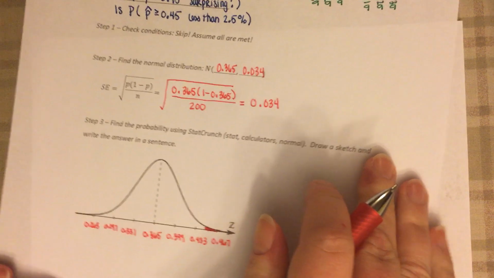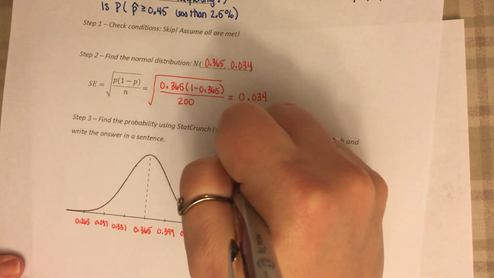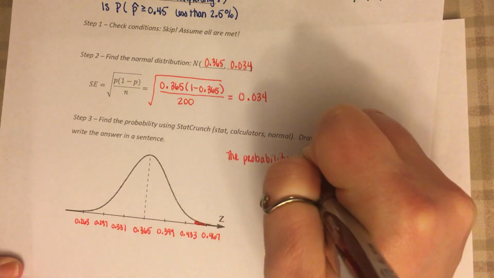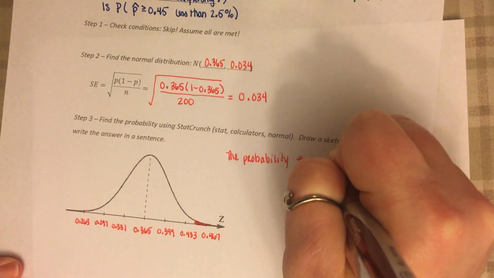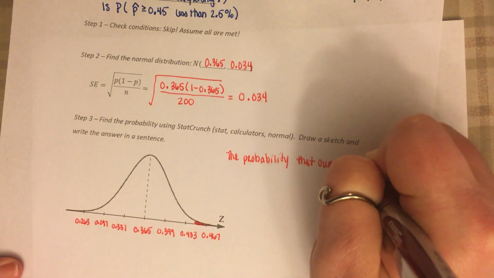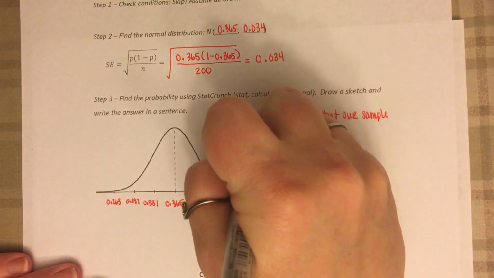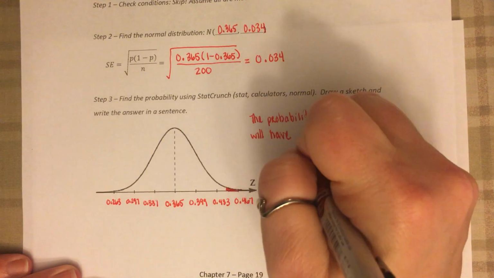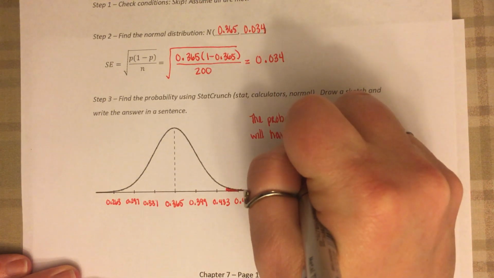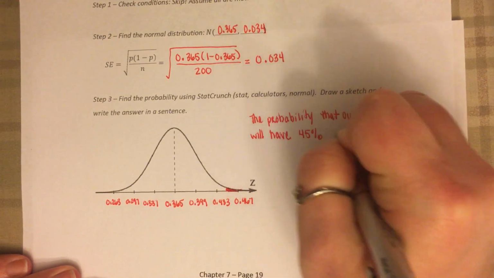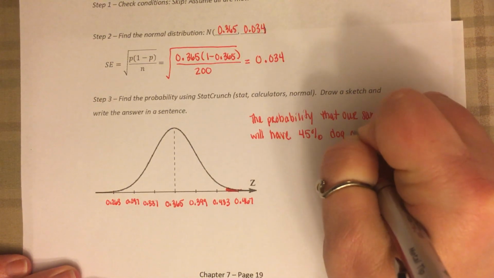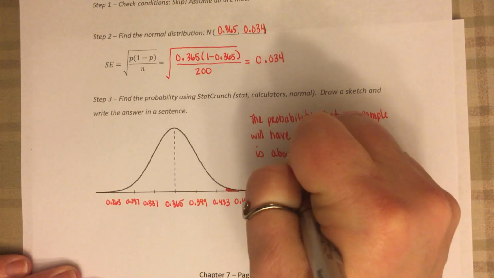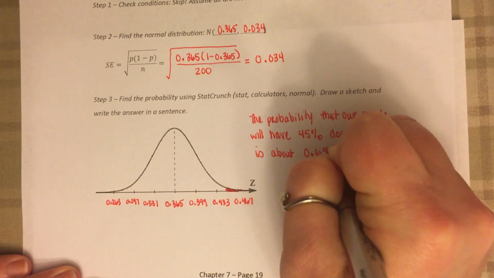And if we type this into StatCrunch, we're going to get the probability that our sample will have 45% dog owners is about 0.6%.